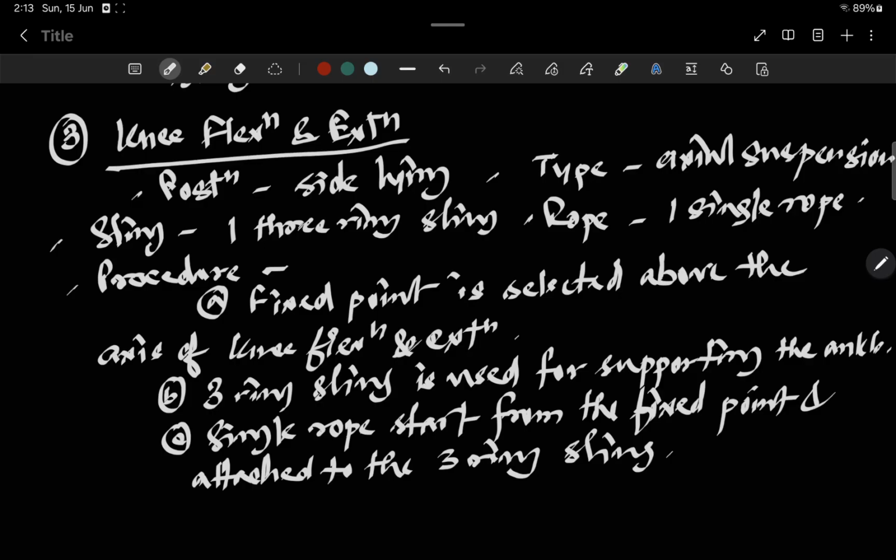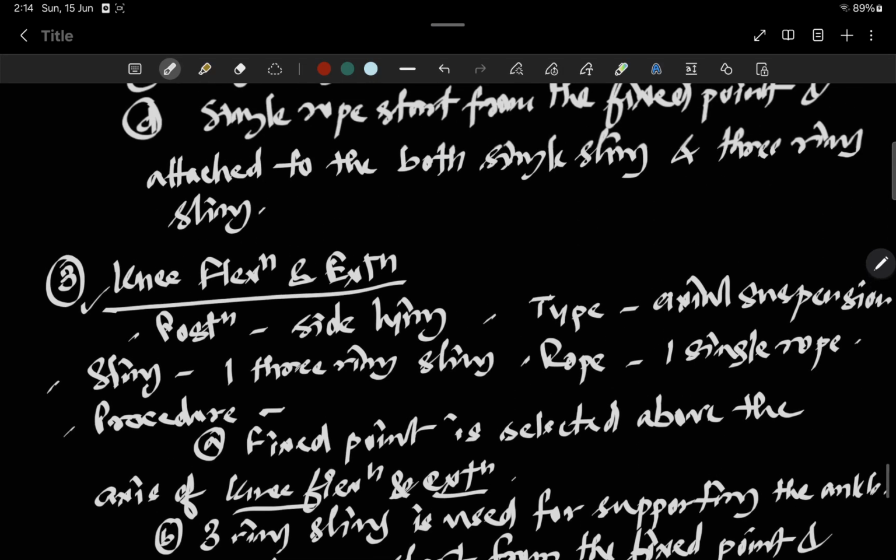In every writing the fixed point is selected above the axis, but there should be a fixed point. In case of knee flexion and extension the fixed point is selected above the axis of the knee flexion extension.